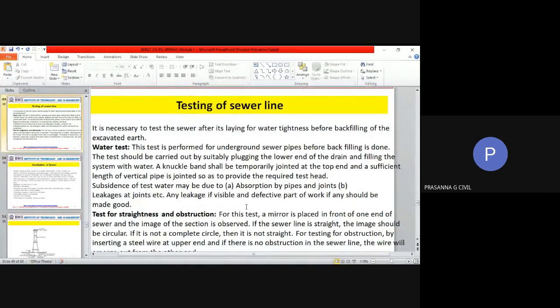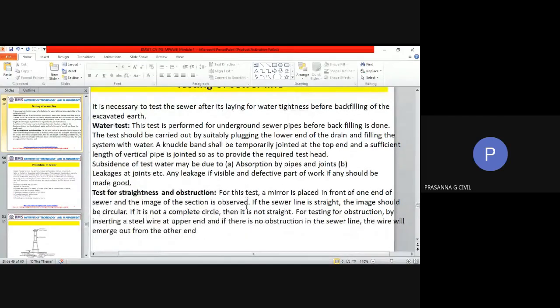Now you need to even test the pipe for straightness and obstruction. Other than water, sometimes they do test it for smoke also. A smoke test can also be done. The smoke test is used to observe obstructions, if there are any, like soil or something that has been put inside.